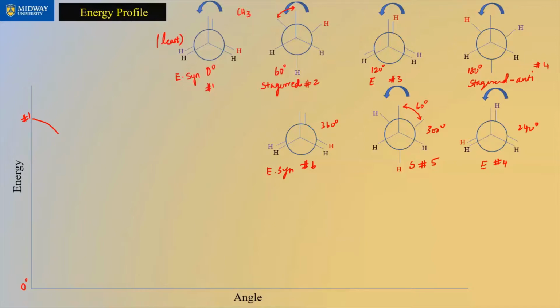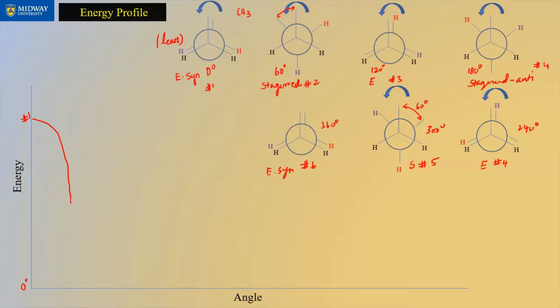So staggered 2 and staggered 5 contain only one gauche interaction, that is 60 degrees apart between the two biggest groups. Since there's only one interaction in each, staggered 2 and staggered 5 should be at the same energy level.